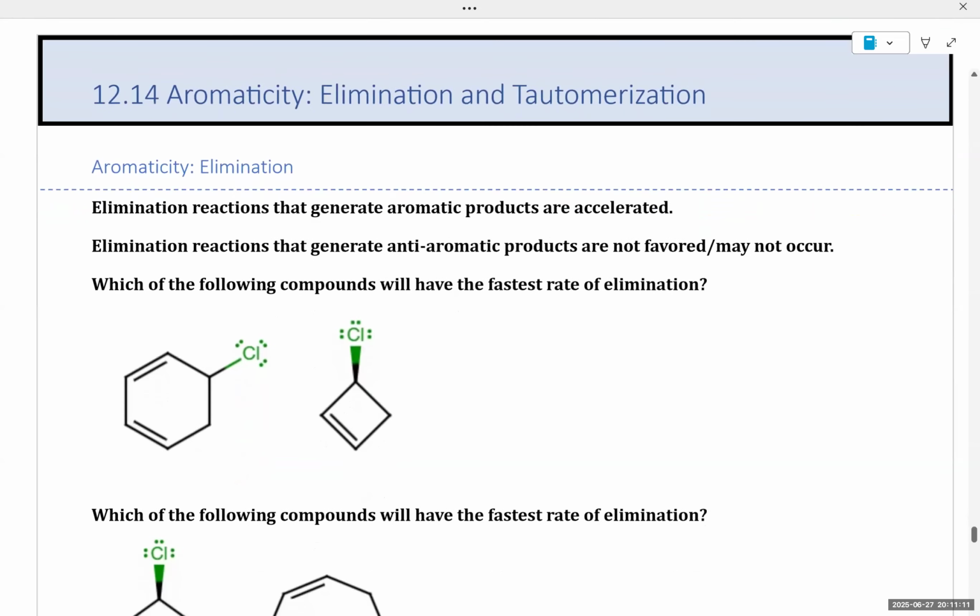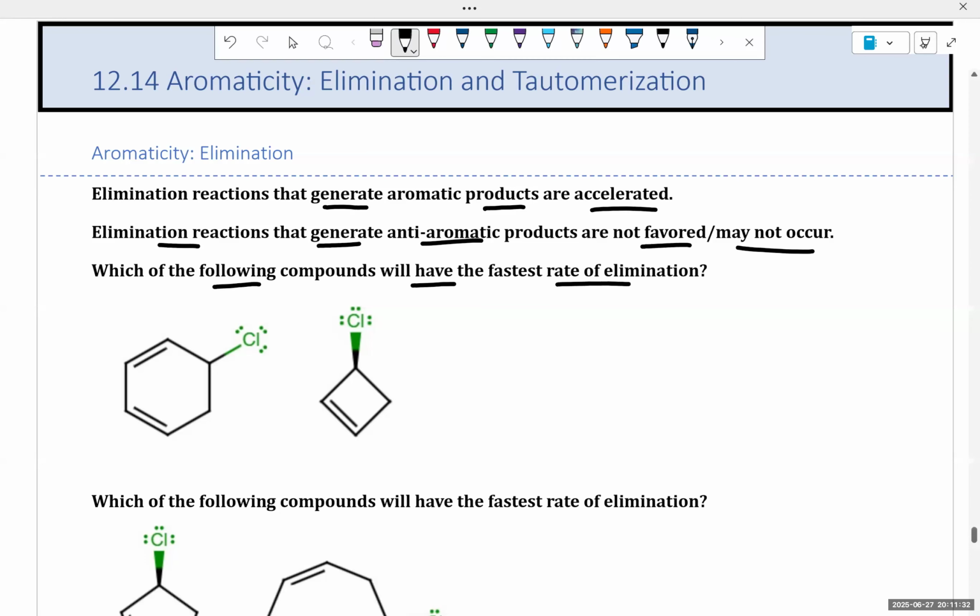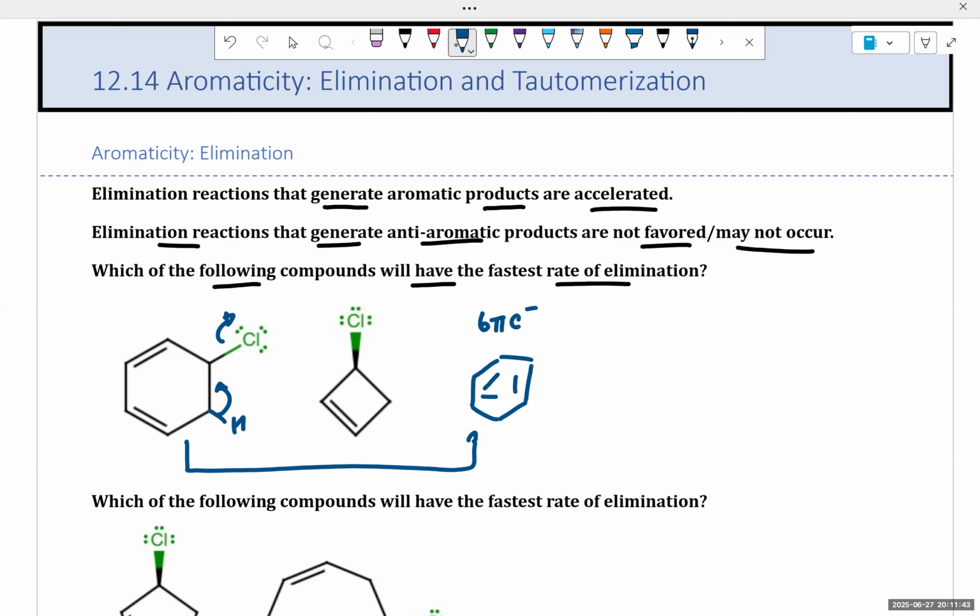Let's talk about aromaticity in the context of elimination and tautomerization. Elimination reactions that generate aromatic products are accelerated, while elimination reactions that generate anti-aromatic products are not favored and may not occur. For example, which of the following compounds will have the fastest rate of elimination? Well, if we eliminate this chlorine atom, we get benzene, which has 6 pi electrons.